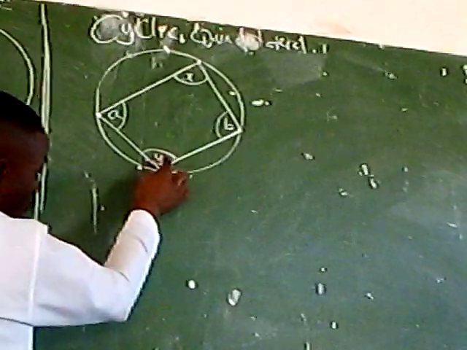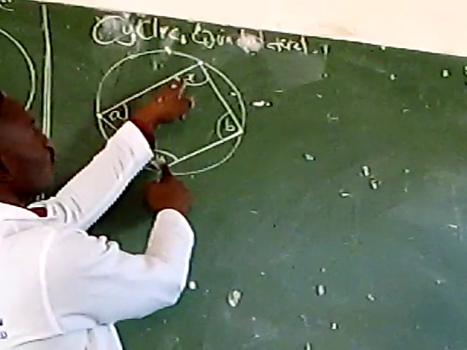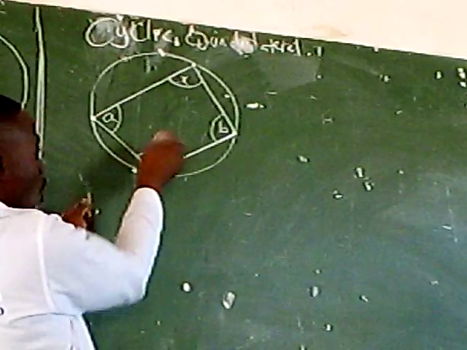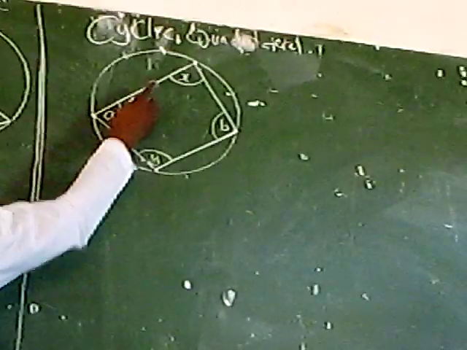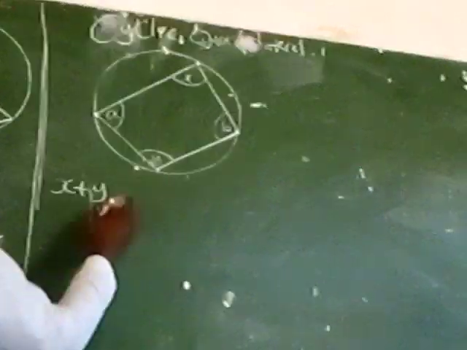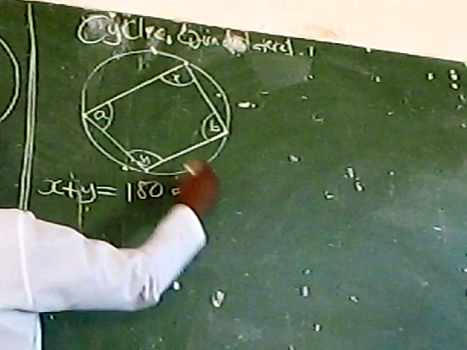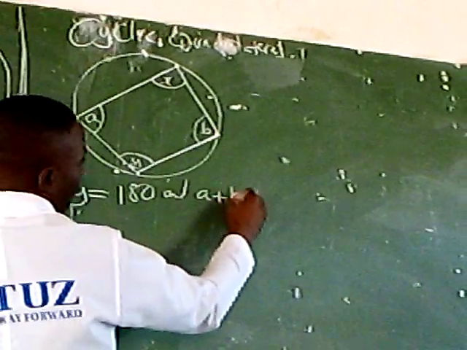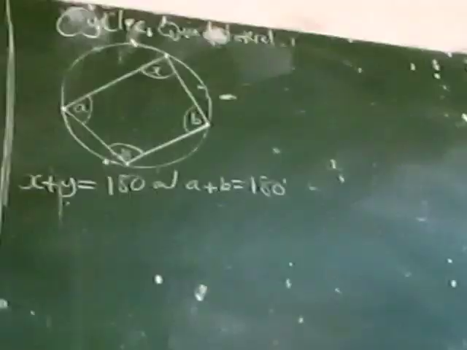So if you know one, it's easy to get the other one. You know one, but the other one is not known, you simply subtract the known from 180 so that you get the unknown. Simple, right? So the idea here is x plus y gives you 180. And the same is true of angle A plus angle B, which will also equal 180. That was one of the theorems there.